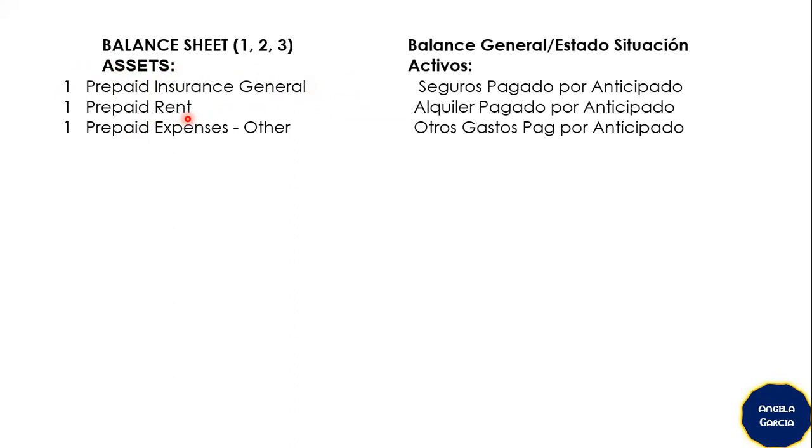When you are not the owner of a building and you need to pay monthly rent, sometimes you pay that in advance. The other is prepaid expenses, other. That is other expenses that you need to pay in advance.